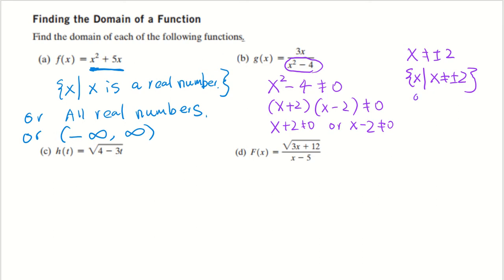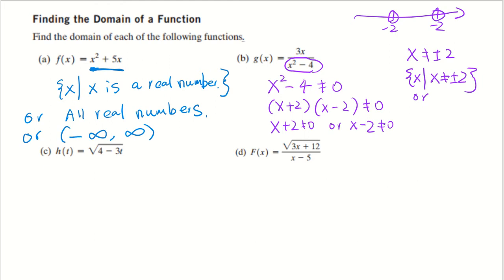If you want to represent it in the interval notation, let's draw a graph to help us understand the situation. Well, actually, let me not draw it over here to cause more confusion. Let me draw it over here. So it is a set of numbers where only negative 2 and 2 are excluded.